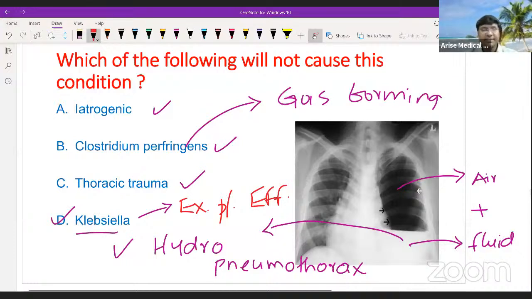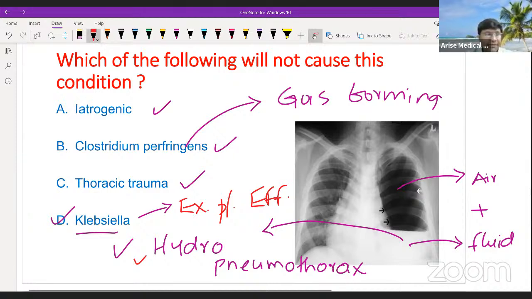What is this chest X-ray suggestive of? This chest X-ray is suggestive of hydropneumothorax. Yeah, very good, Raja. Klebsiella will also cause lobar pneumonia, and it can cause exudative pleural effusion, but Klebsiella will not cause hydropneumothorax. That's a very important point that you need to remember.